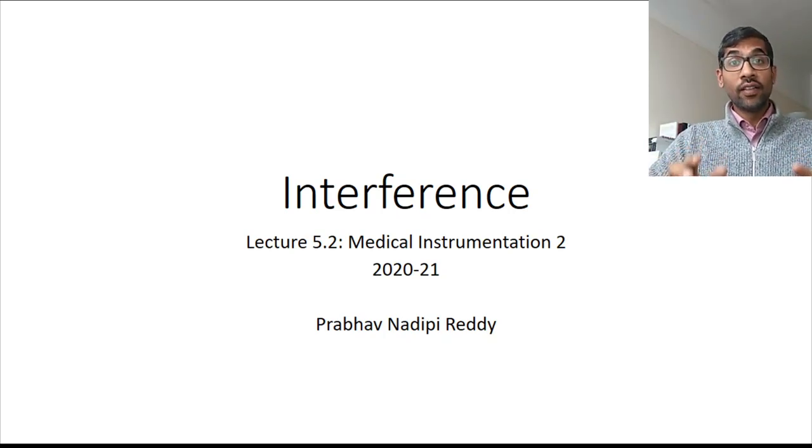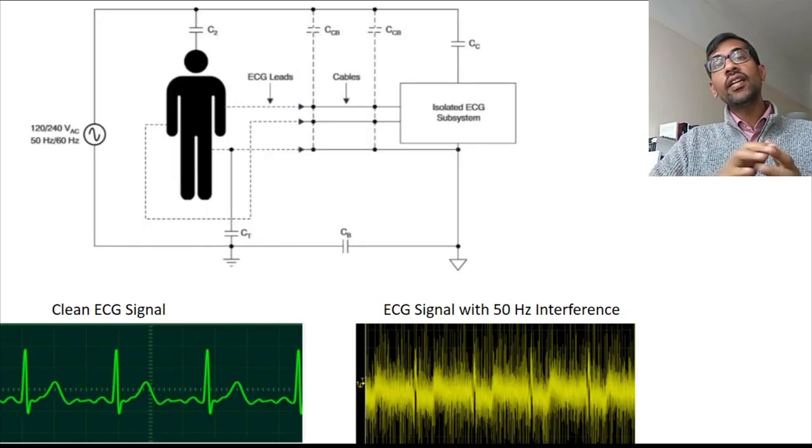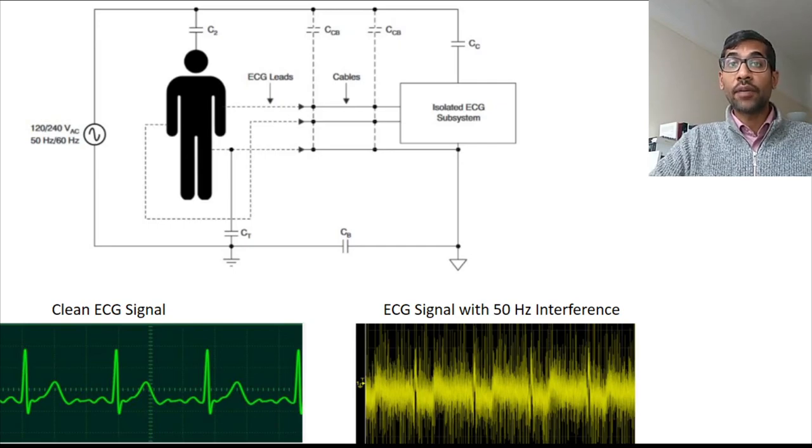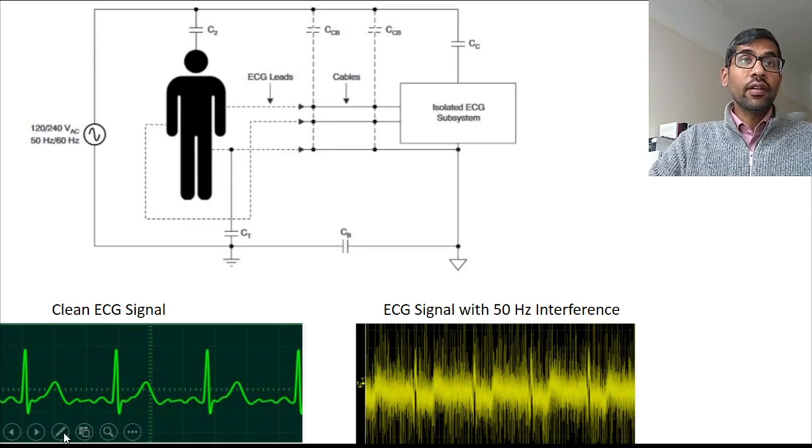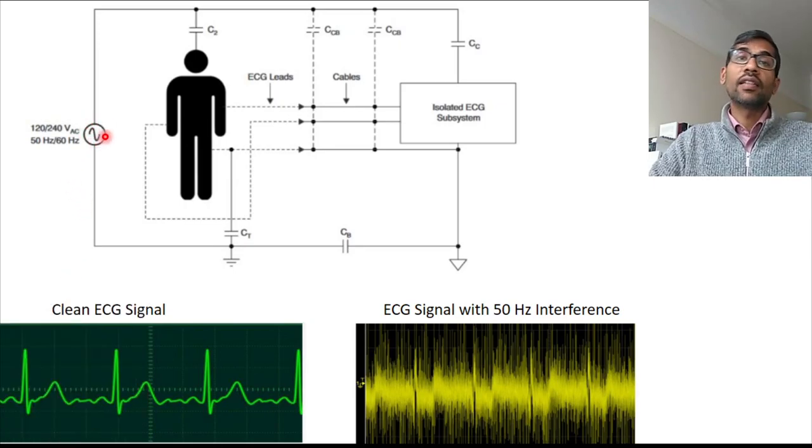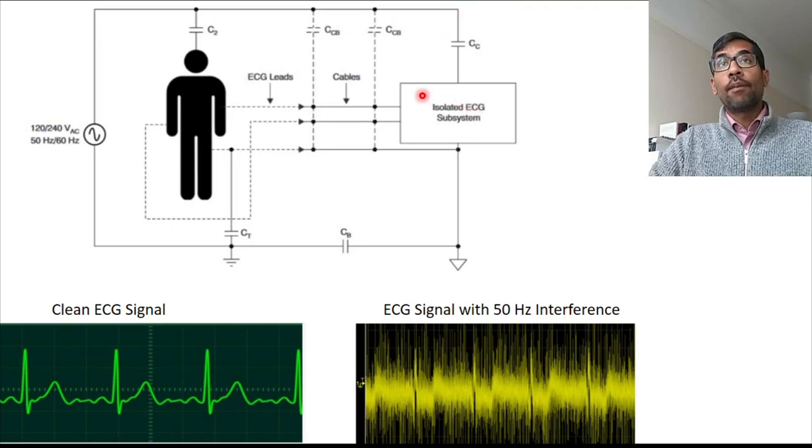So let's just think about interference, and particularly let's look at the power supply interference that you get when you measure biomedical signals. Okay, so imagine in this case that you have a 50 hertz source here, a power supply source. And this source is powering an ECG system.